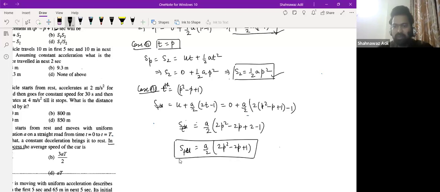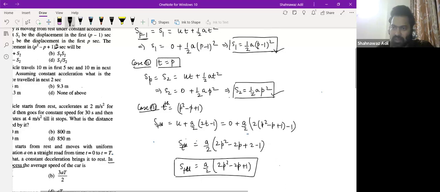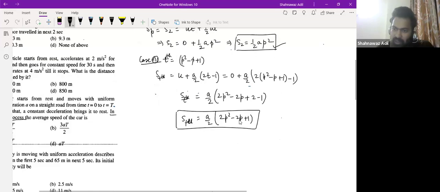Now we have to relate this thing with these two relations. Right, these are the things that are known to us. So you see that this is P minus 1 whole square. Can I do something about this one and make it P minus 1 whole square? What should I do? Can you guys tell me?